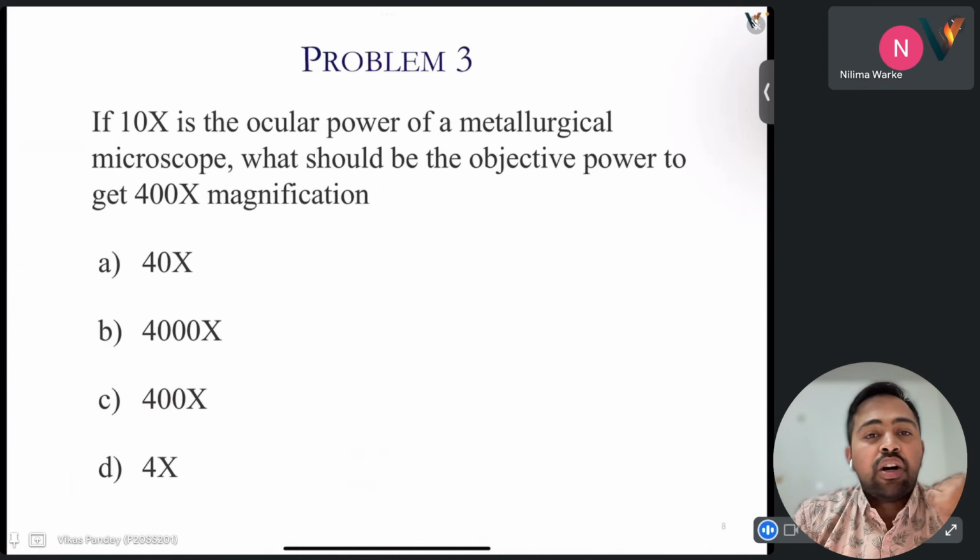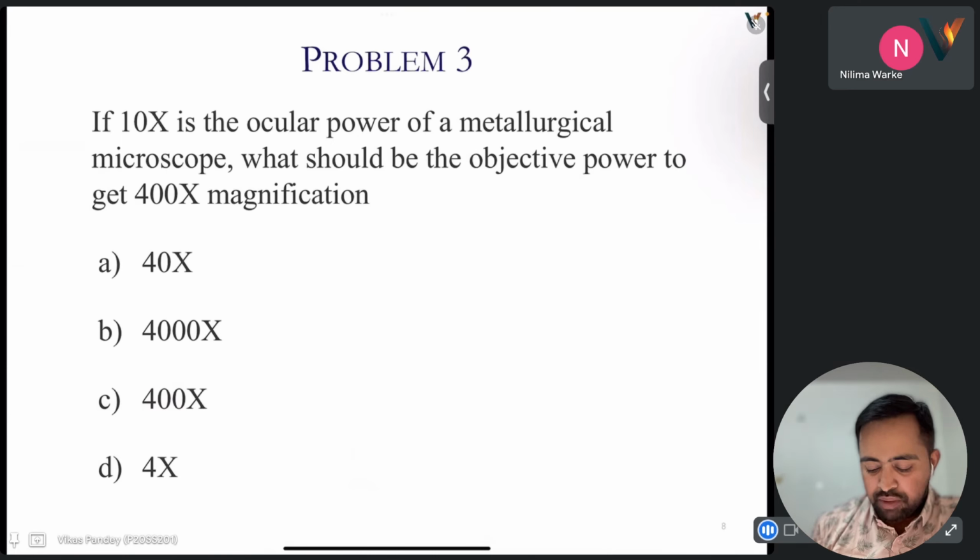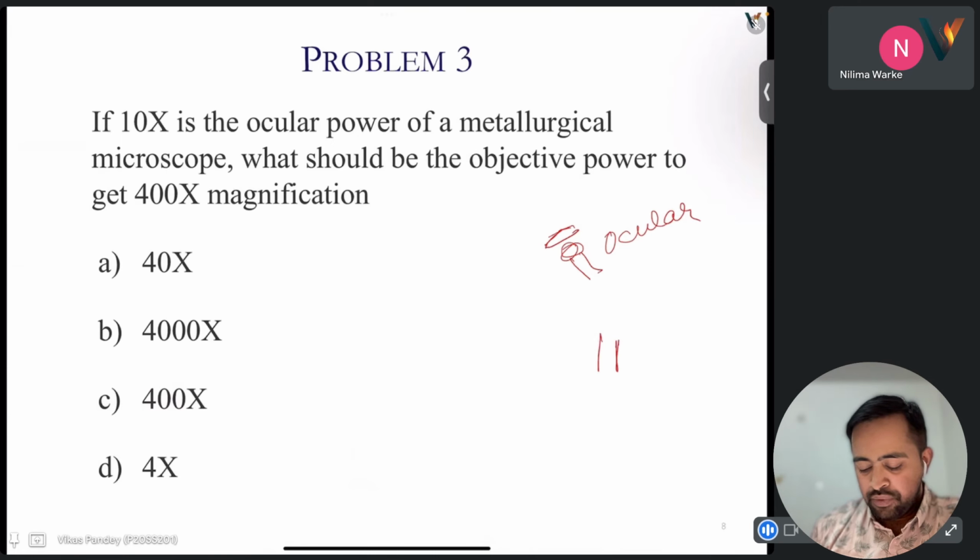If 10x is the ocular power of a metallurgical microscope, what would be the objective power to get 400 magnification? Ocular power means the lens that is near our eyes. So it is saying this is 10x.